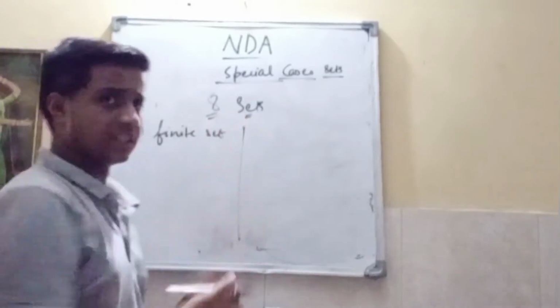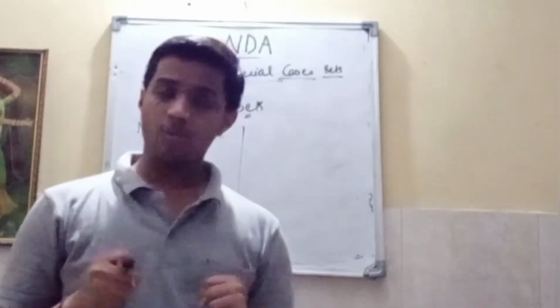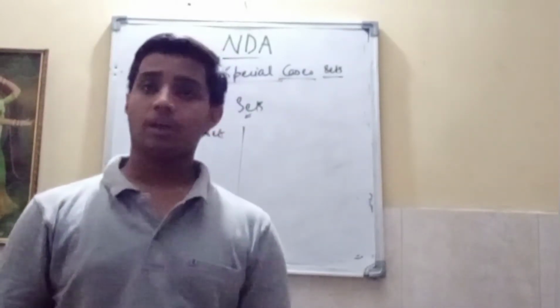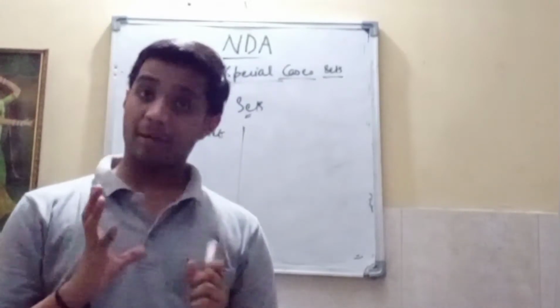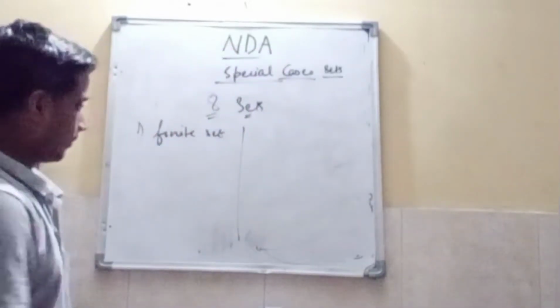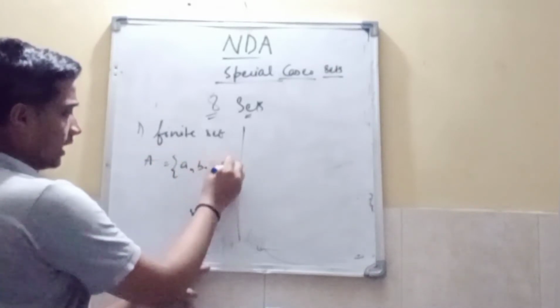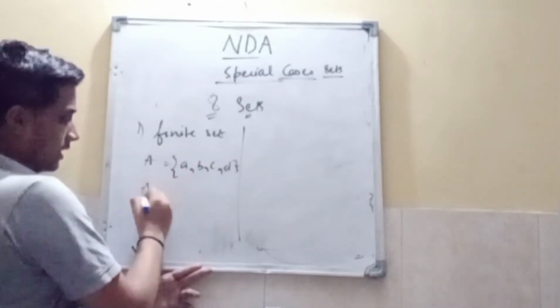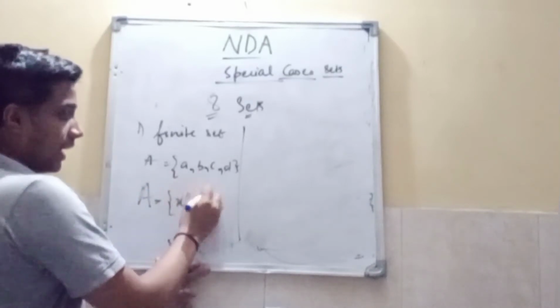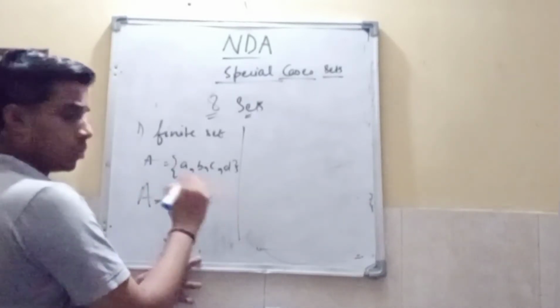As the name suggests, a finite set has a finite number of elements. For example, A is equal to {a, b, c, d}, or A is equal to {x such that x belongs to vowels}.